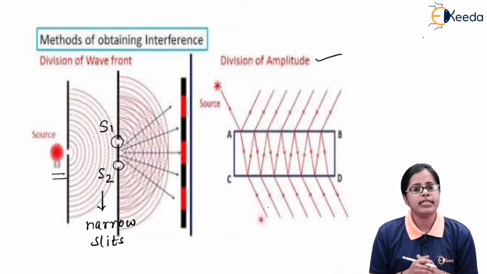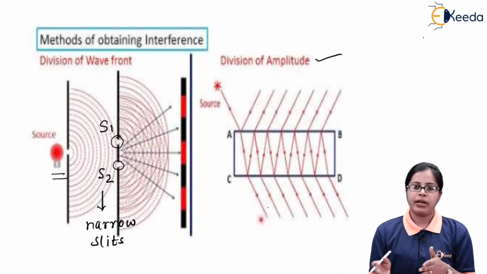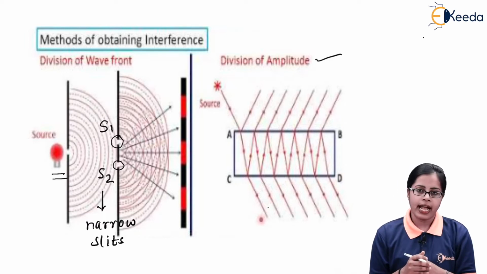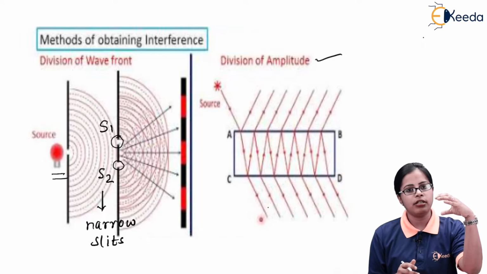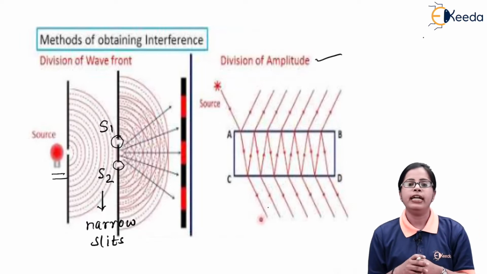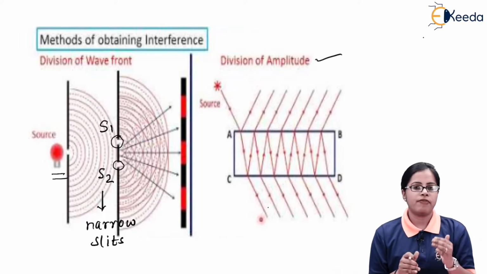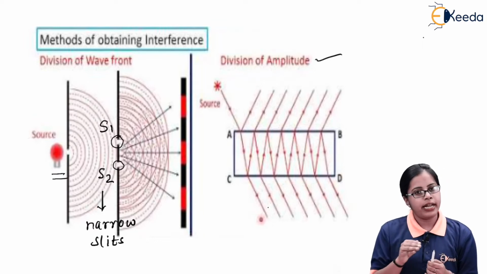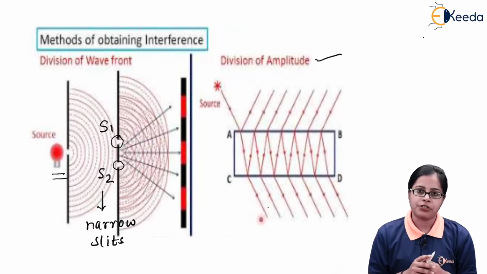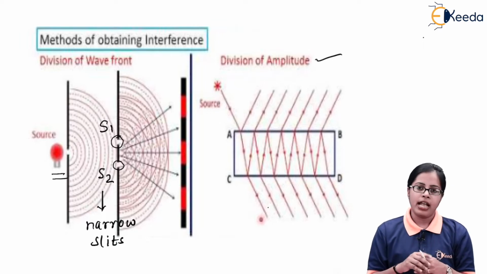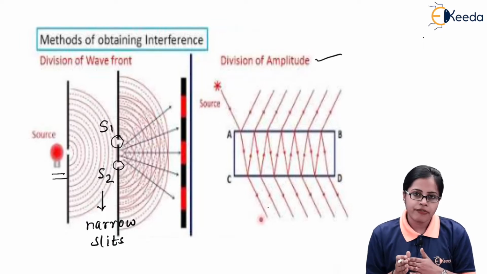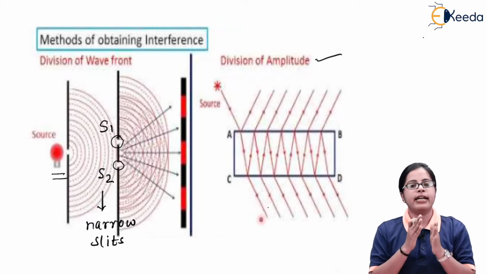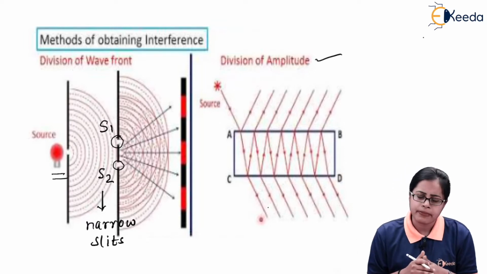Now in this case, we consider a source of light, and we allow the light from the source to be incident on the surface of the thin film, and this incident ray undergoes partial reflection several times, and during the partial reflection, the amplitude of the incident ray gets divided several times.